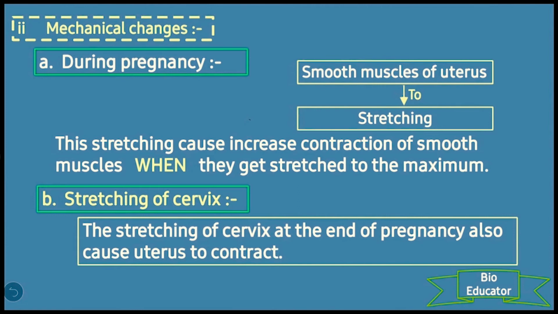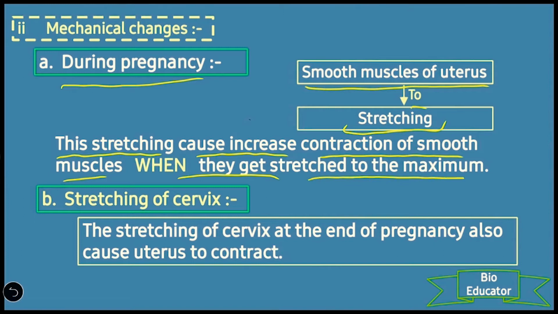Now, the mechanical changes which occur during the end of the pregnancy. A. During pregnancy, smooth muscles of the uterus start stretching due to the development of the fetus inside the uterus. This stretching causes increased contraction of smooth muscles when they get stretched to their maximum.